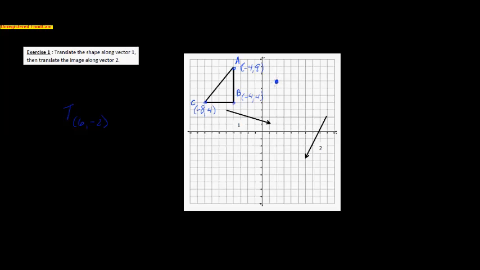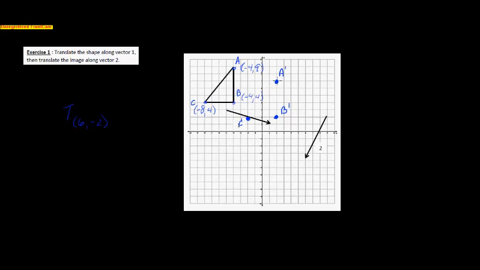And just like we did last note packet, I'm going to label that A prime. I'm going to do the same thing with B. 1, 2, 3, 4, 5, 6, and down 2. And we're going to label that B prime. And the same thing with C. Over 4, 5, 6, and then down 2, and then that one's going to be labeled C prime.